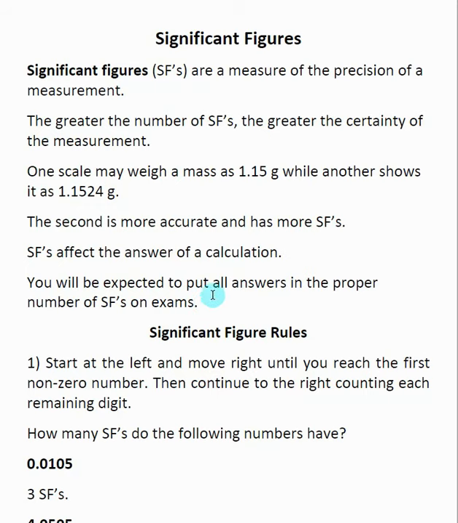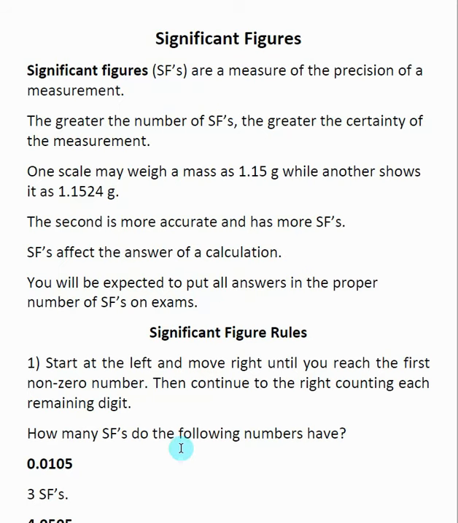So that's one of the ideas. You need to make sure of this, and whenever you do a calculation, you want to take a second and look back at your given numbers and try to determine how many significant figures your answer should have. And some professors are kind of nutty about this and will take off quite a few points if you get the significant figures wrong.